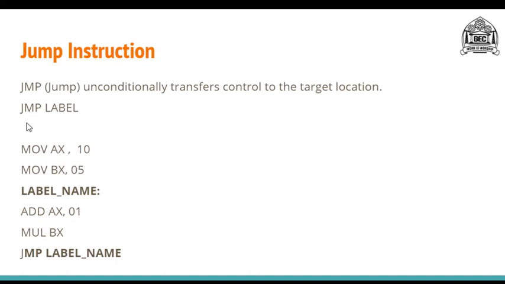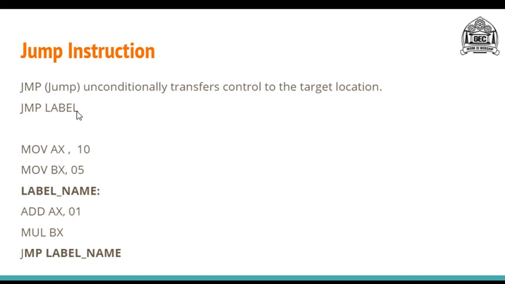This is how the jump instruction is specified in an assembly language program. First is the mnemonic or opcode associated with the instruction, that is JMP, and its operand is the label, the name of the label you want to jump to.